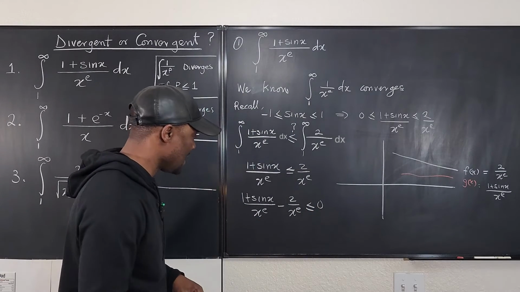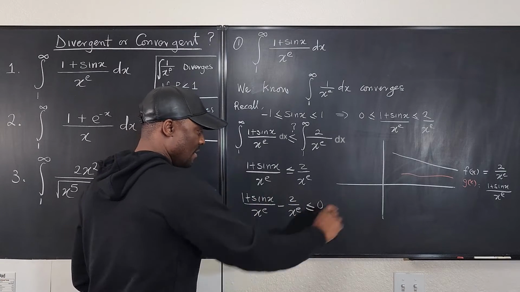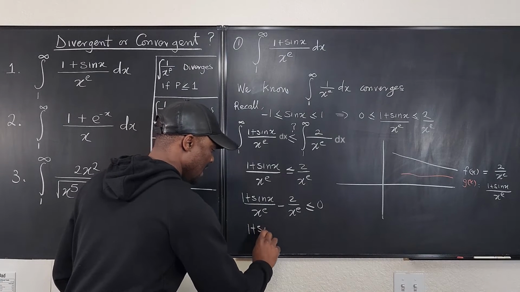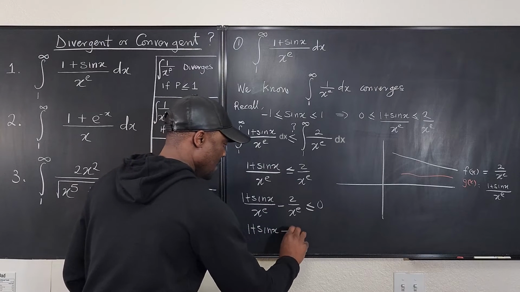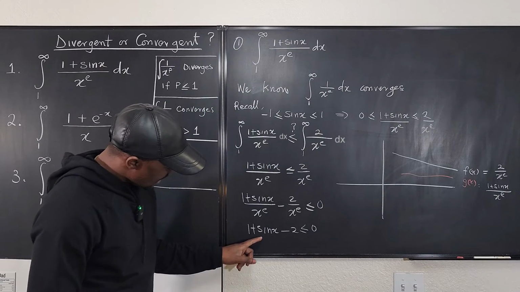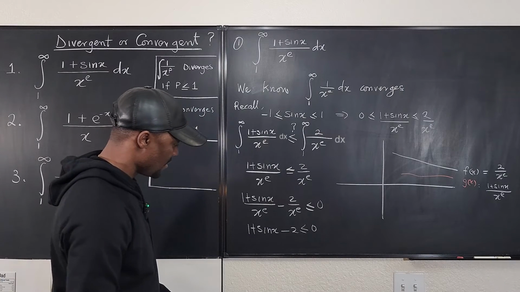Let's see if it's negative. Since we have the same top, we can now multiply every term by x to the e. So we have 1 plus sine x minus 2 is less than or equal to 0. And what is 1 minus 2? It's going to be negative 1.